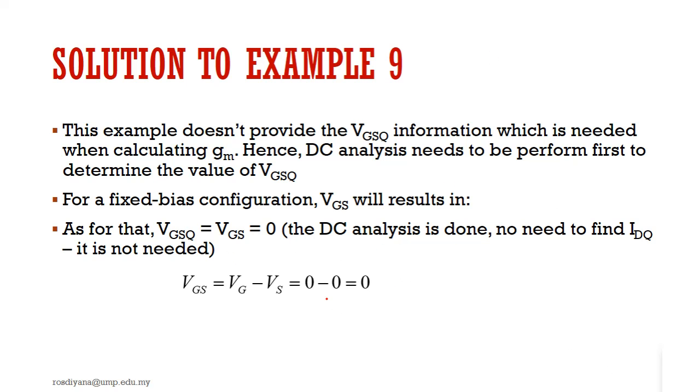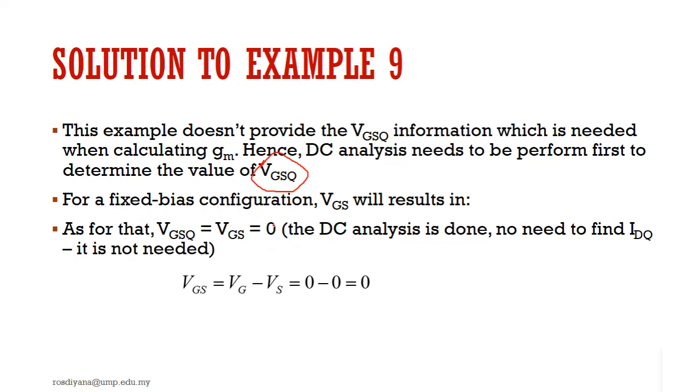This example doesn't provide the VGSQ information, which is needed when calculating the GM. Hence, the DC analysis needs to be performed first to determine the value of VGSQ.